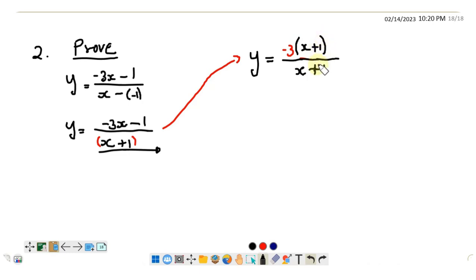Remember, the numerator was negative 3x, negative 1. So the constant is negative 1, which means the constants, when you add them, should be negative 1. Let's expand this. I have negative 3x, and this and that gives me negative 3.